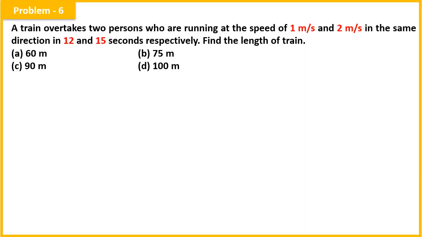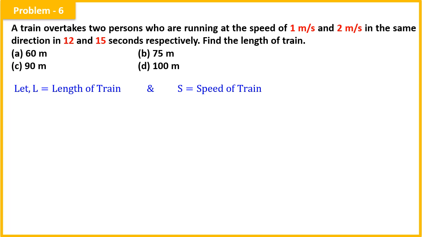Problem number 6. A train overtakes two persons who are running at the speed of 1 meter per second and 2 meter per second in the same direction in 12 and 15 seconds respectively. Find the length of the train.